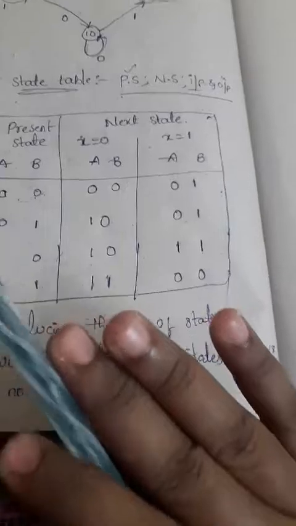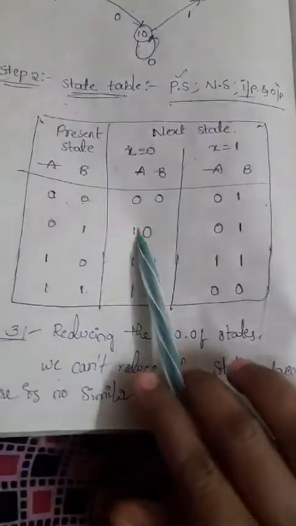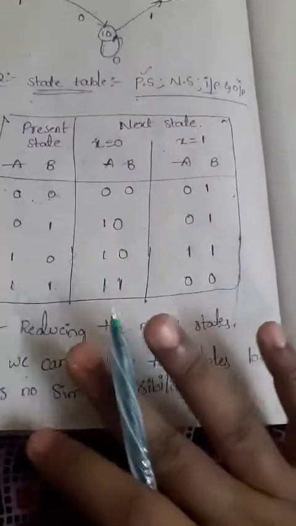Step 4 is to do the state assignment. State assignment means that if you have alphabet letters in the state table, in the present state, next state, input or output values, then you can convert them into binary codes.